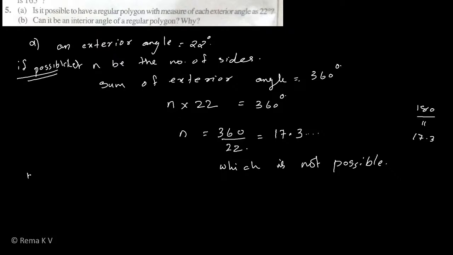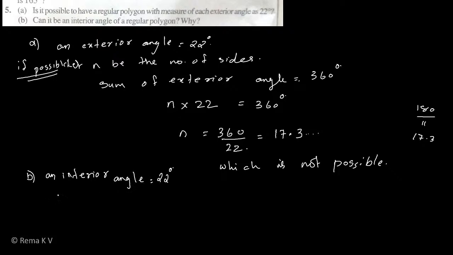Now let us consider the second part. Second part, can it be an interior angle of a regular polygon? So if this 22 degree is an interior angle, is it possible? So it is given an interior angle is 22 degrees.